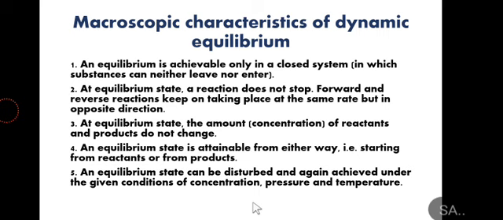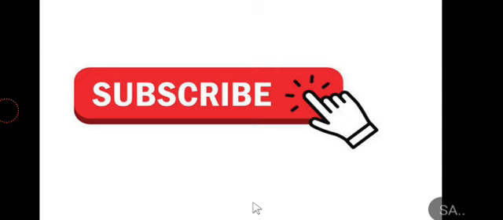So if you are changing the concentration of the reactants, or you are changing the pressure and temperature conditions under which the reaction is happening, the equilibrium state will be disturbed, but it will be attainable. It will be attainable because once the conditions are met and uniform, you will get the equilibrium state back. So I hope you understood it quite well.